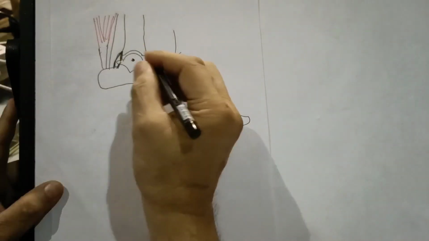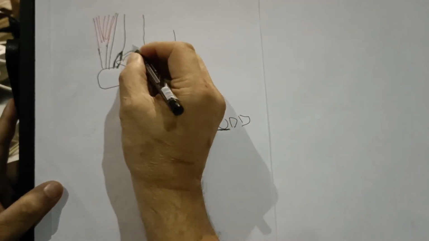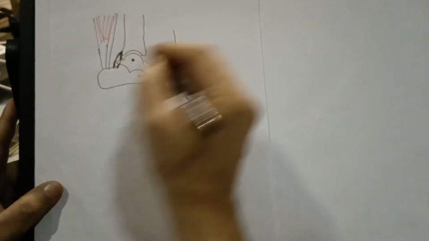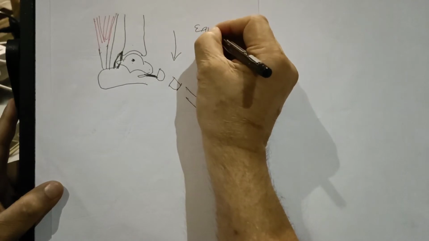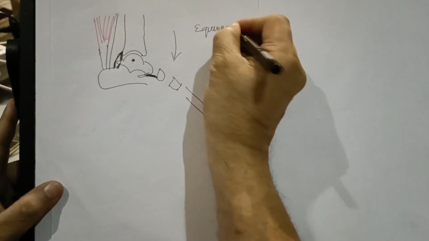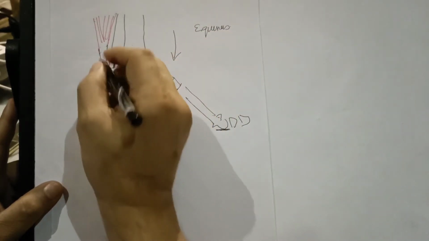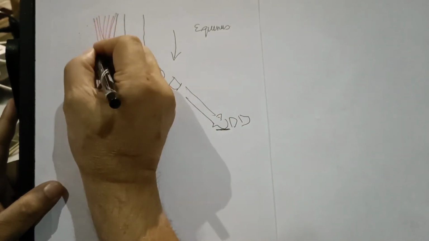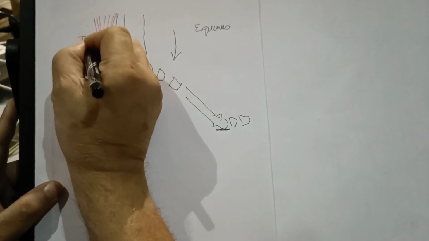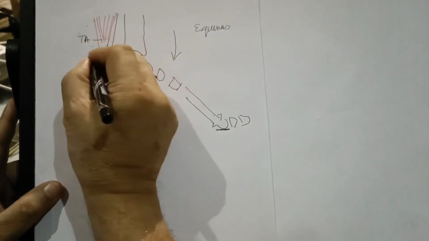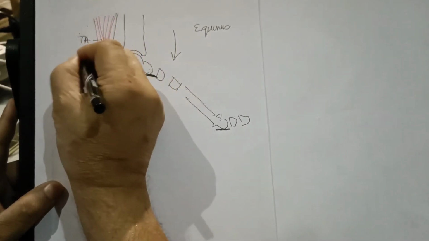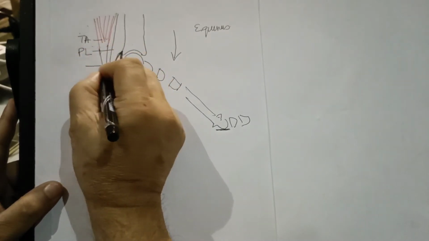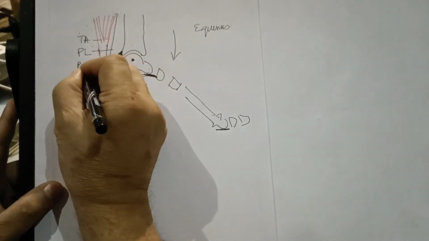So plantar flexion of the ankle at the tibiotalar joint is equinus. Now here the structures that are contracted are the tendo Achilles, plantaris, and posterior capsule.